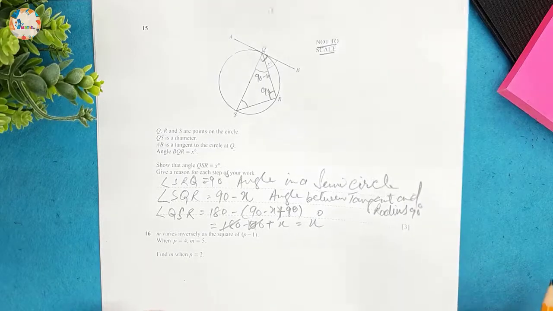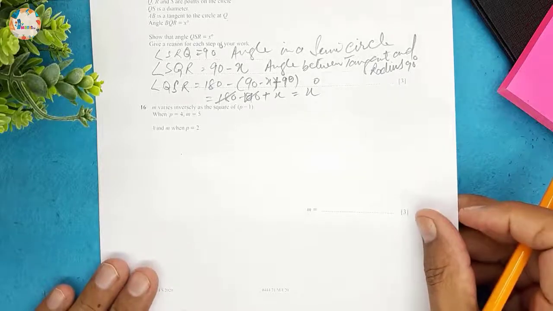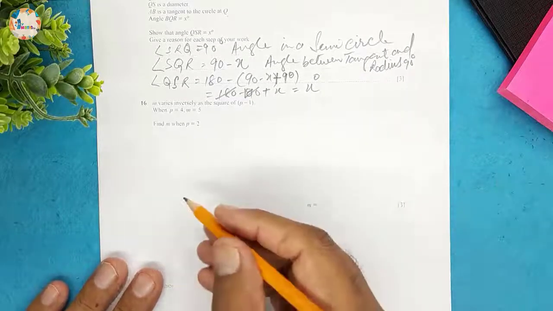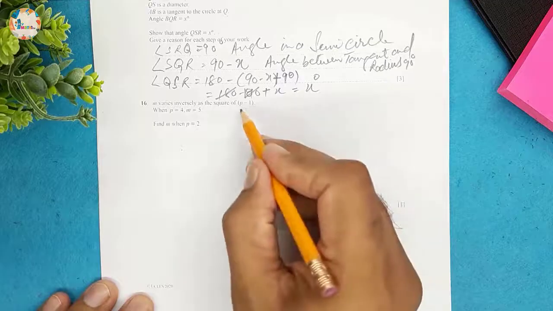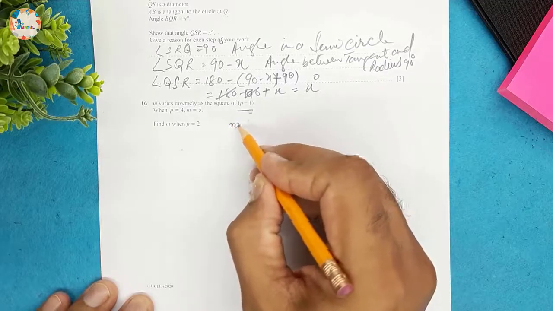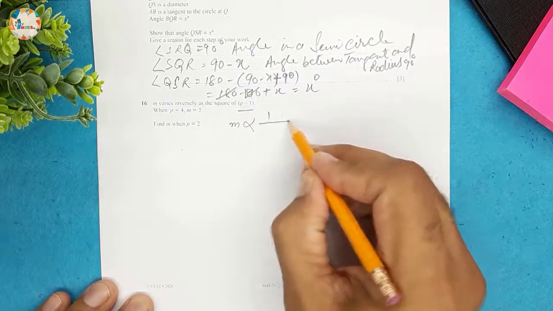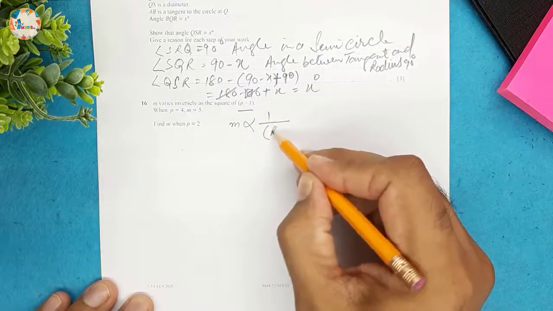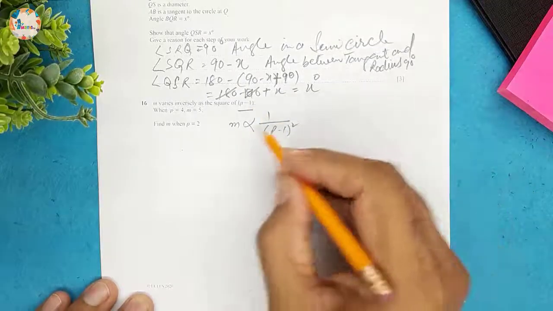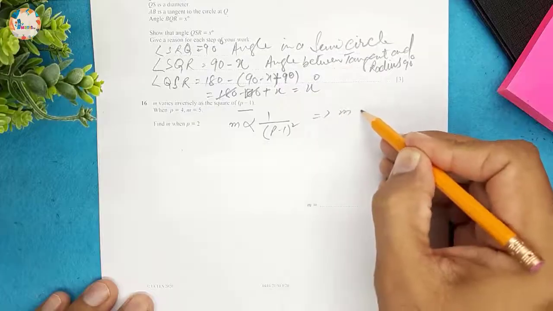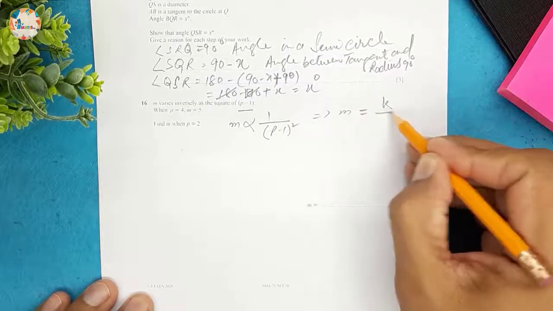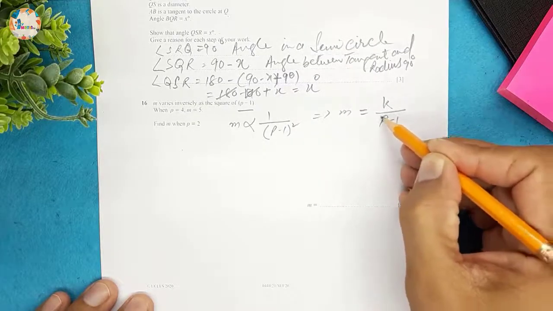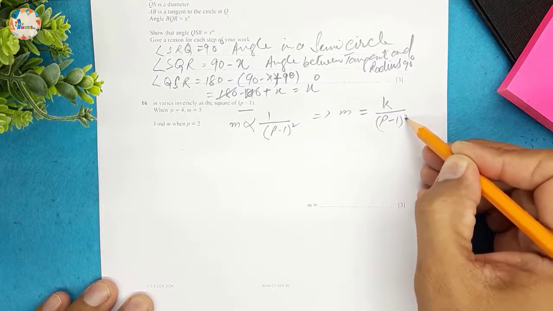Now they are saying, question number 16, m varies inversely as the square of p minus 1. So this implies m is equal to k over (p minus 1) squared.